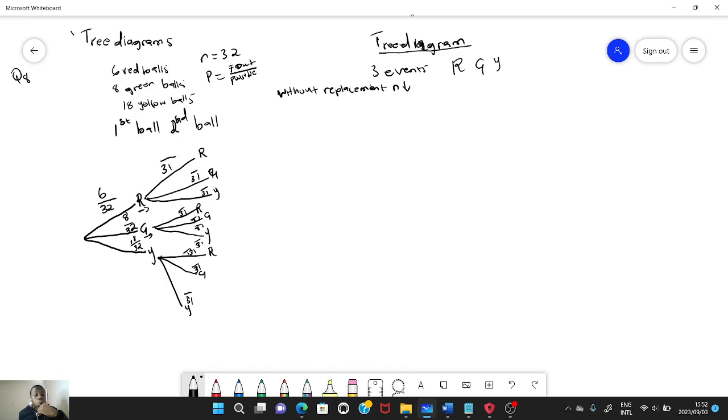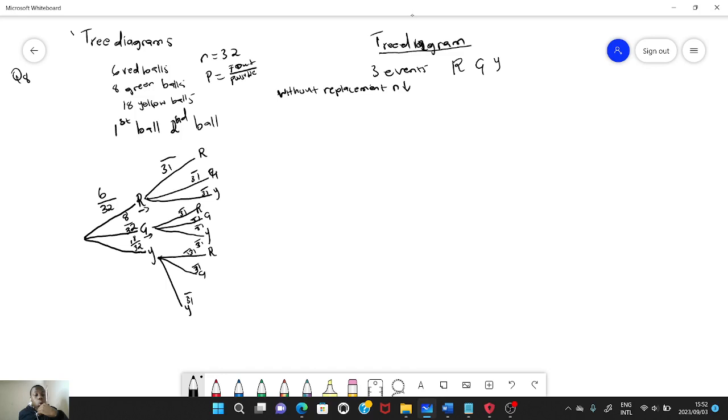Now what happens on the last branch? On the last branch, we are saying the last branch is rooted from Y, from the yellow balls. So it simply tells you that we have chosen a yellow ball. We haven't yet touched the red balls. So what is the probability of obtaining a red ball in this case?